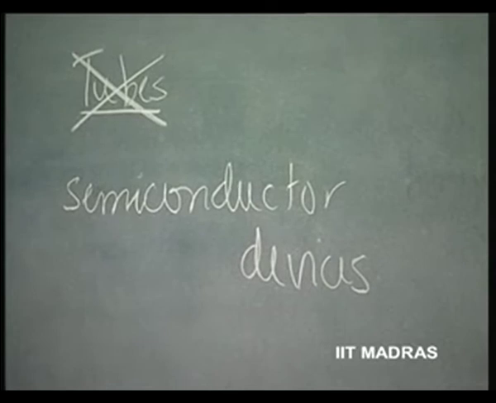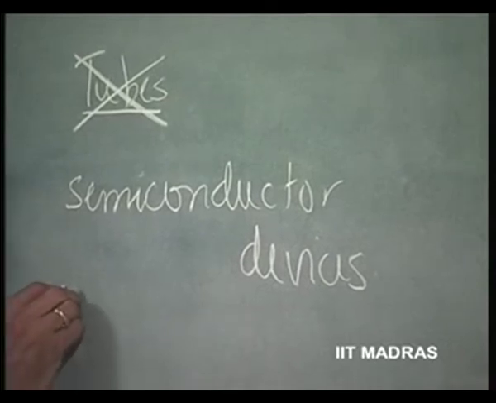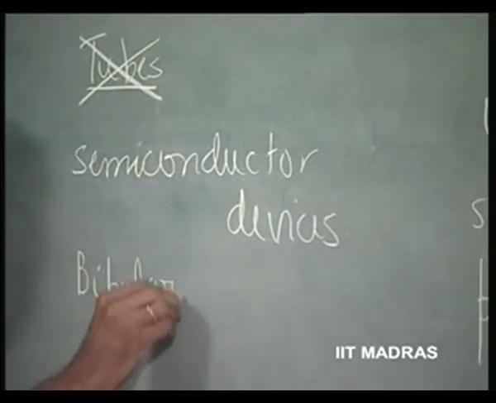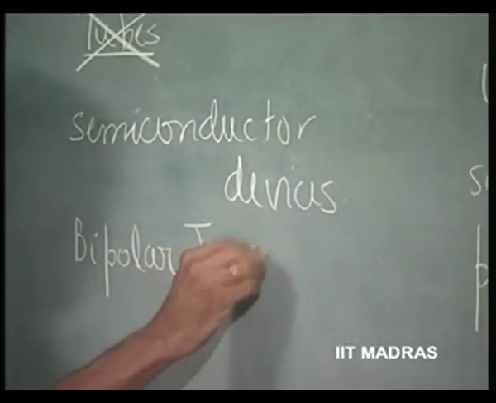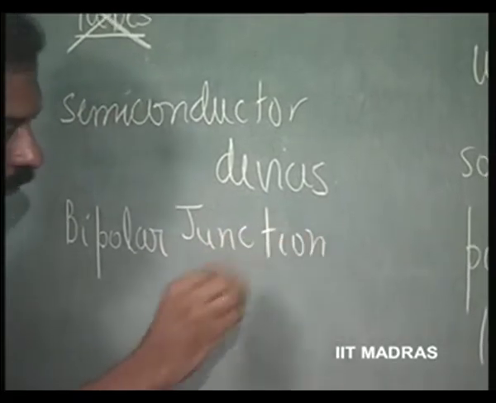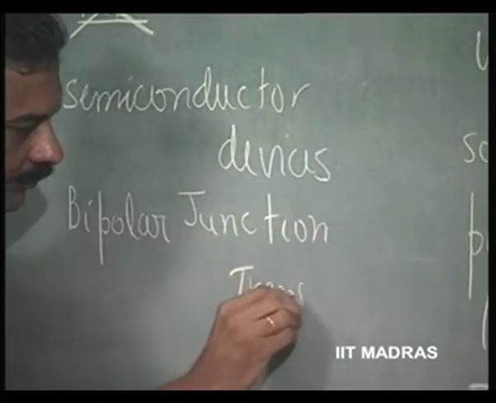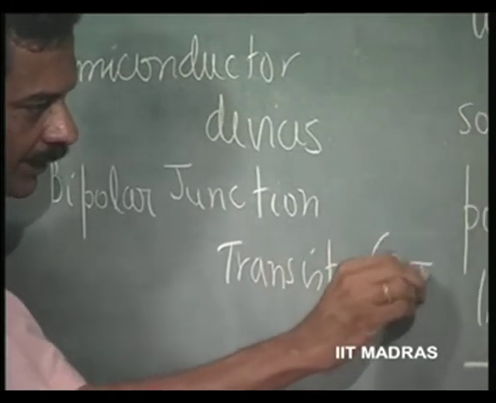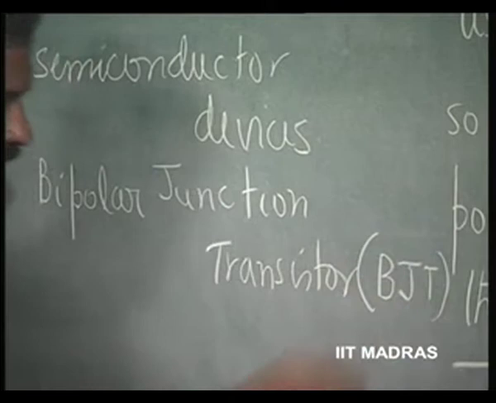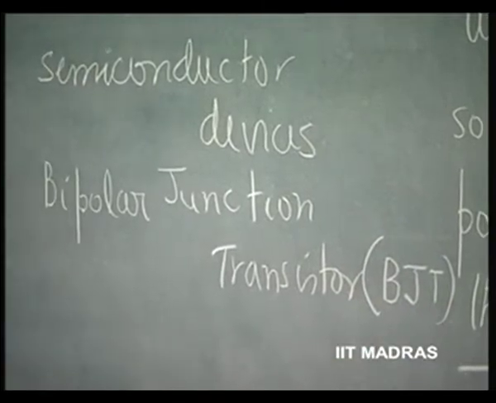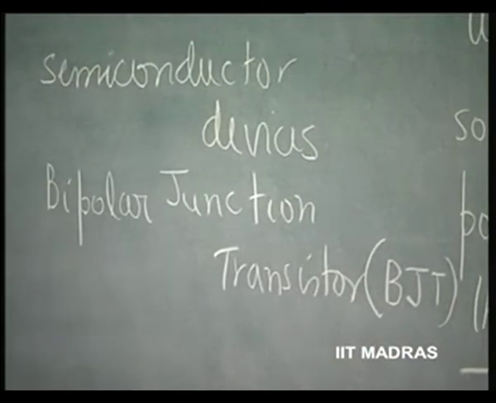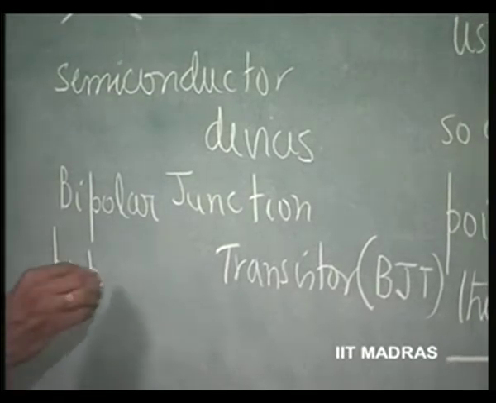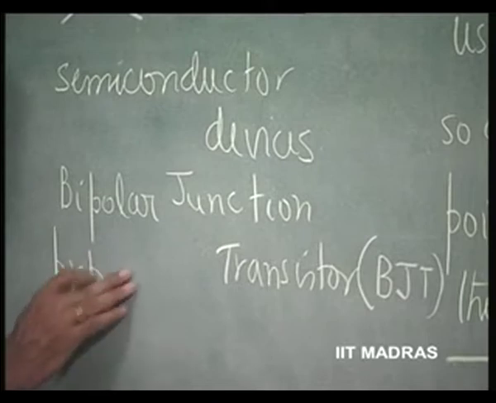Like bipolar junction transistor, popularly called BJT. There are two types in this. One is called PNP, another is called NPN.